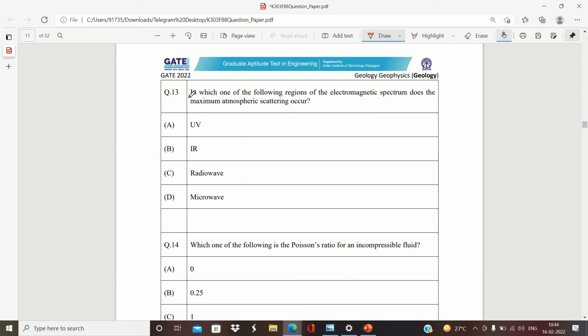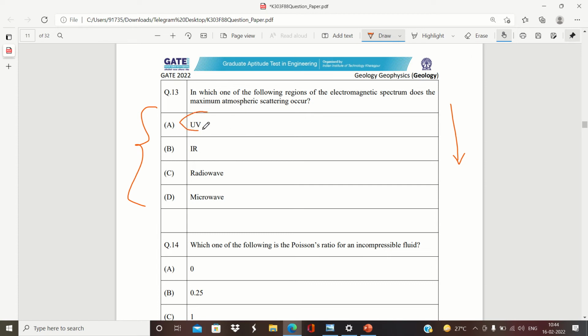Then another question is, in which one of the following regions of the electromagnetic spectrum does the maximum atmospheric scattering occur? There are three types of scattering: Rayleigh scattering, Mie scattering, and a third one I forgot. But simply, when the wavelength decreases, the scattering increases. So you have to check which option has the minimum wavelength.